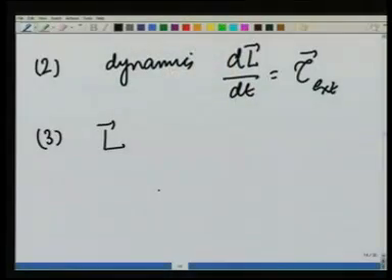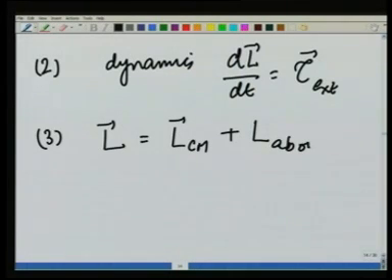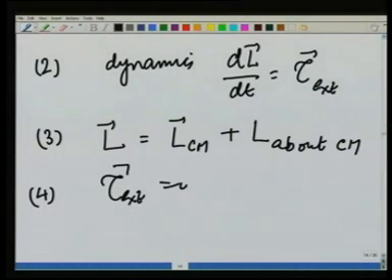Third, L for a system is equal to L_CM plus L about CM, and fourth, if tau external is 0, then L is a constant. That is the conservation of angular momentum. Having developed these ideas on angular momentum, in the next lecture onwards we are going to apply them to describe the motion of a rigid body.